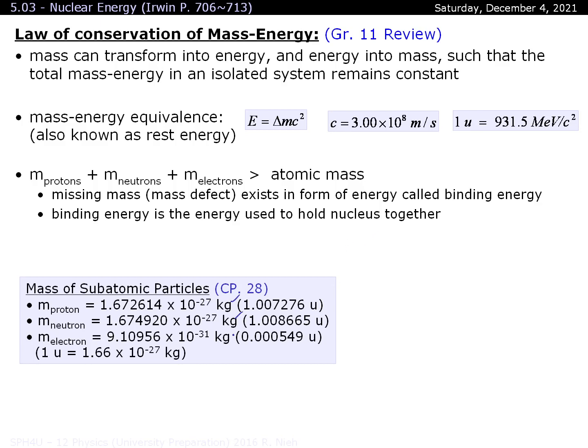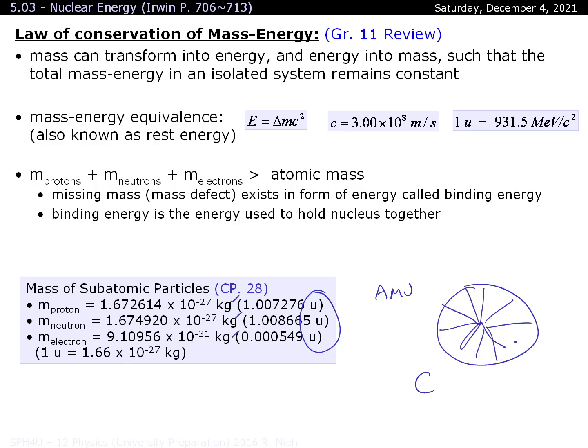And these are known constants over here. You can either measure it in kilograms or you can measure it in u, also known as AMU. What exactly is AMU? Well, you take a piece of carbon, and you break it up, and you break it up even more. In fact, you break it up into 12 pieces. So 1/12 of a carbon atom is 1 AMU. That's all it is.